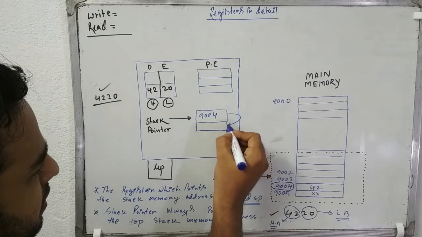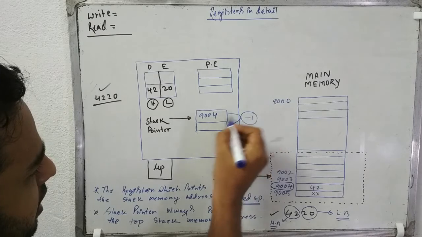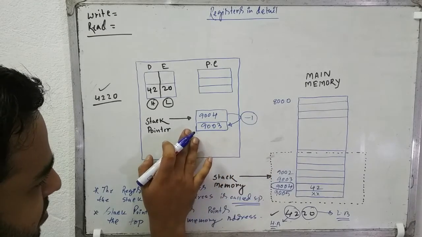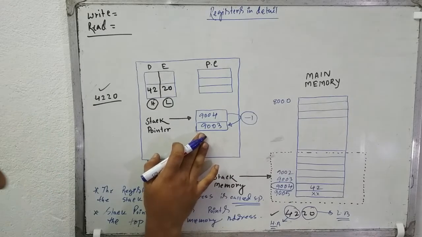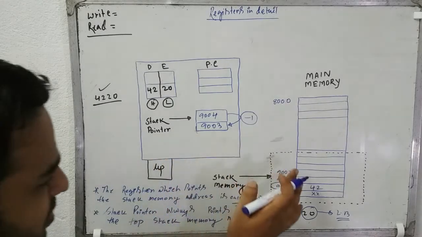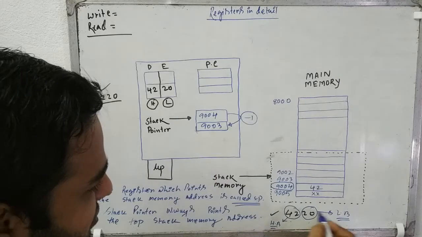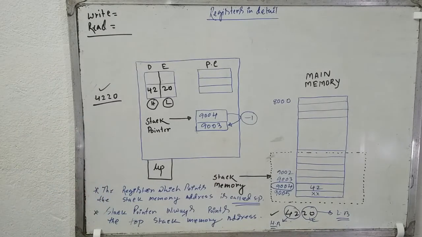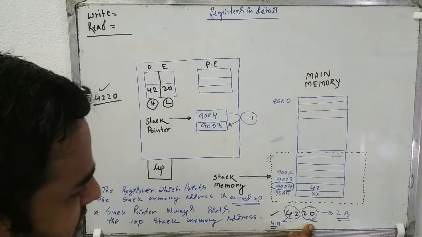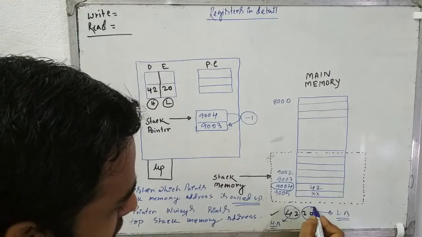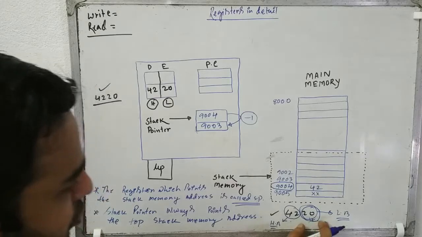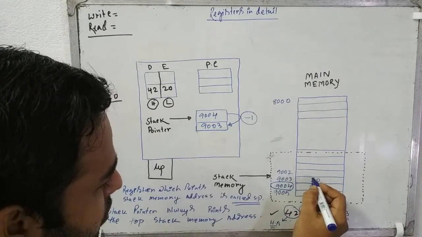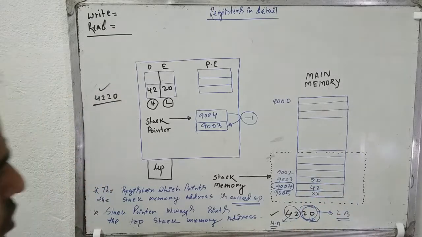That means -1, and then it will start to indicate this memory location, 9003. The lower value, which is the rest here, which is 40, is the lower value that you can see over here. So this lower value will go to 9002.